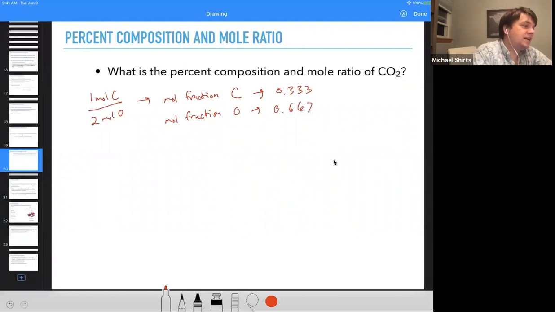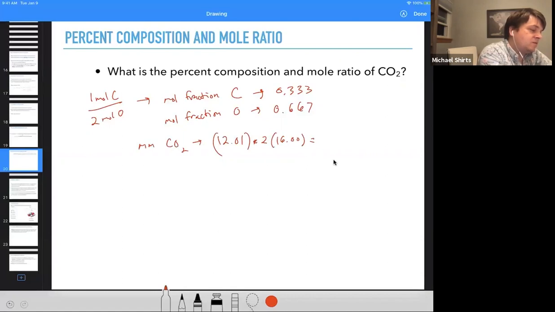So here the molar mass of CO2 is 12.01 plus 2 times 16.00, and this equals 44.01 grams of CO2 per mole CO2.